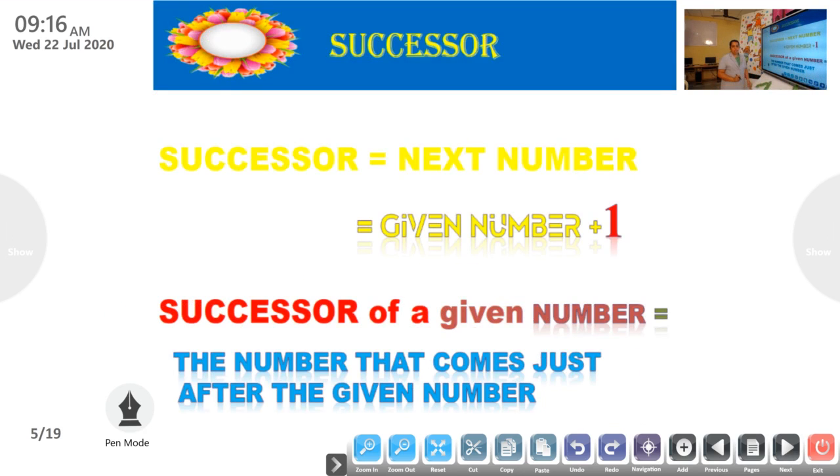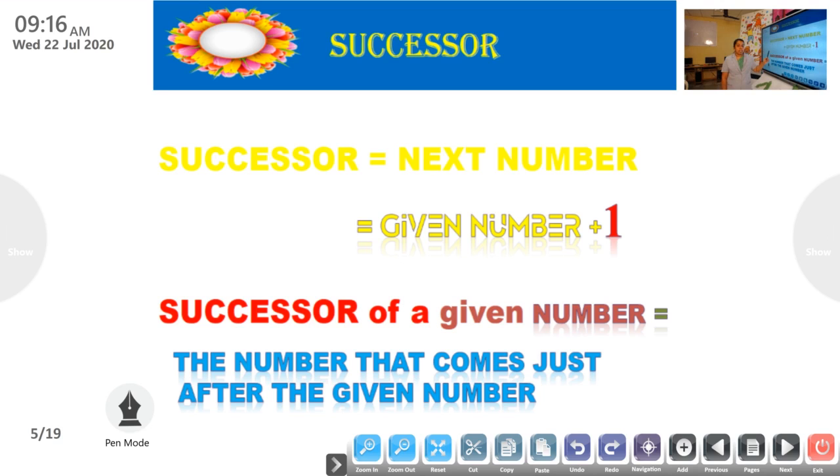What do you mean by successor? Successor is the next number of a given number. So successor is equal to the next number. Then how do you get the successor? Given number plus 1.